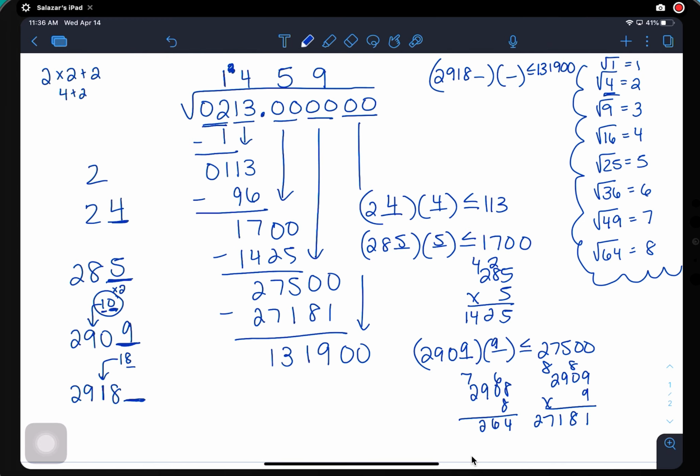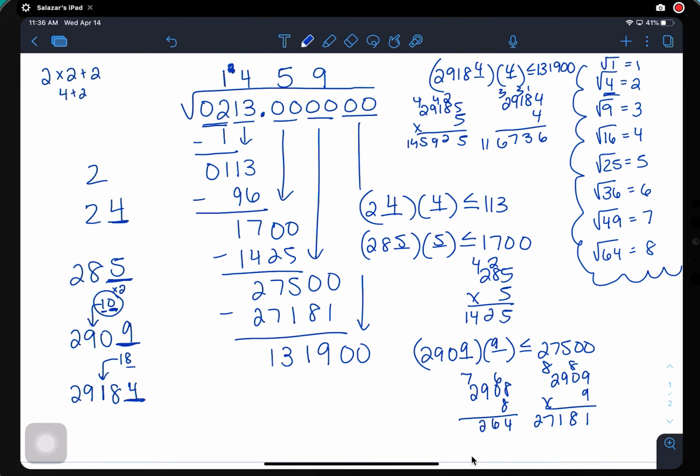So let's try 5. This is just guess and check. 5 times 5 is 25, that's too many, so I bet it's going to be 4. Perfect.